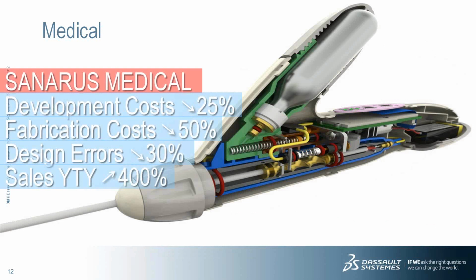Okay. Then medical is another real big up-and-coming area. You need to be able to do organic shapes. You need to do plastic part design, mold design, electronic wiring and cabling. You need to be able to do interference checking, and especially you need to be able to do simulation to make sure your products aren't going to break.